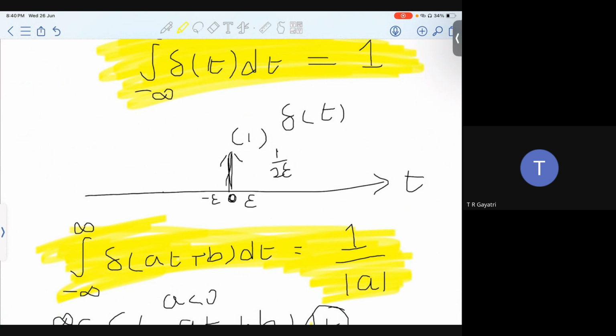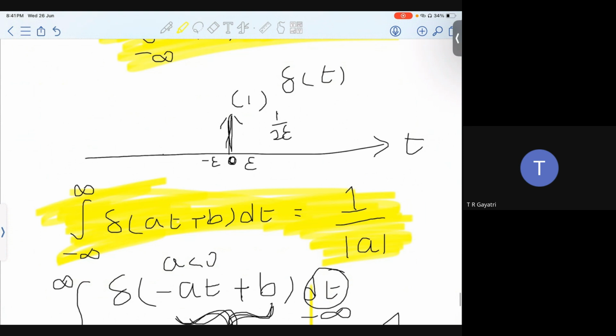And when you multiply this with the original signal, at all other values on the time axis the product is 0. So it is concentrated only at 0 or t naught. The multiplication should give you x of t naught times this delta function, right? So intuitively it makes some sense. That is what this property is telling.